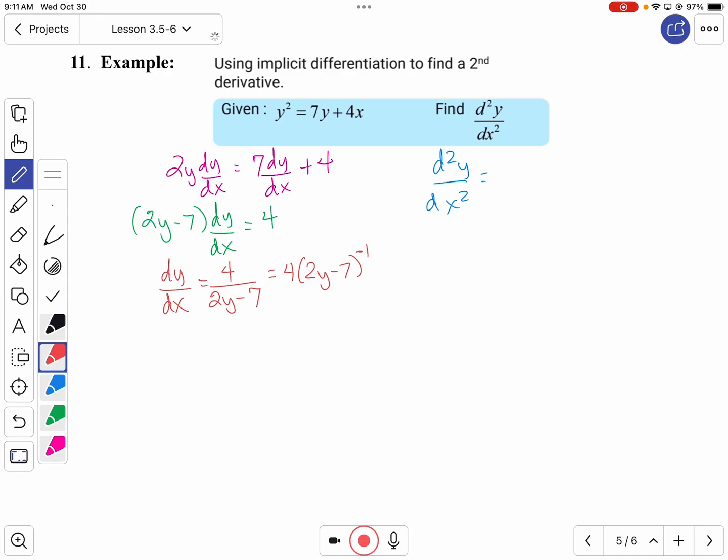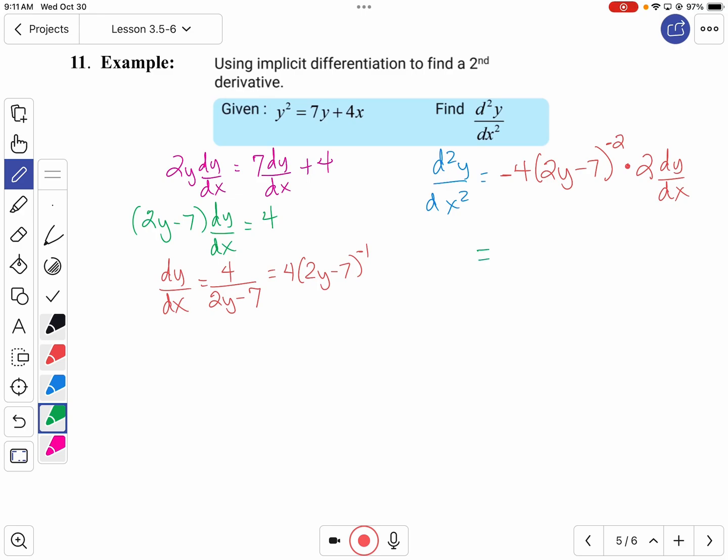So negative 1 times 4 would give me negative 4, 2y minus 7 to the negative 2, and then times the derivative of the inside stuff, which would be 2 dy dx. So does everybody agree with that? Of course. If we didn't, we weren't going to tell you anyway. All right, so here we go.